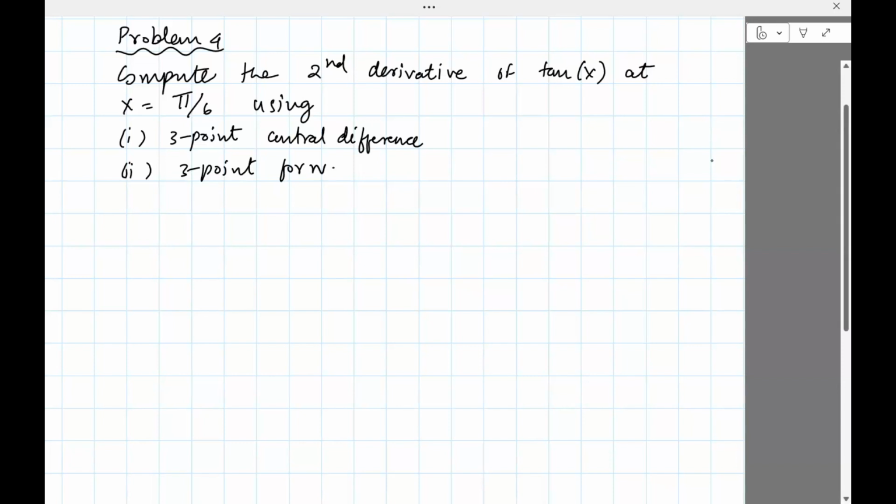three-point forward difference, three-point backward difference.